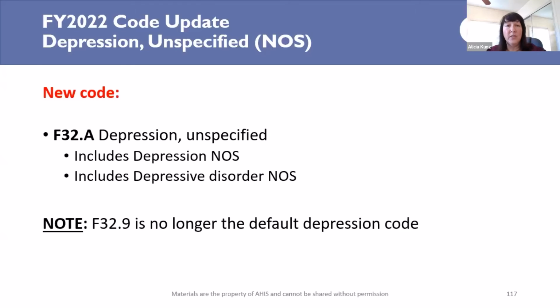Most of the time you end up with a code like this, not otherwise specified, when it comes to depression. I would encourage you, if they're seeing a psychiatrist, to take a look at those psychiatry notes. If they are documenting to a higher specificity, that's where you're going to find that. Next.